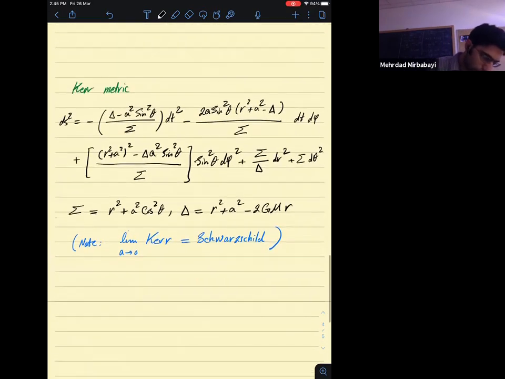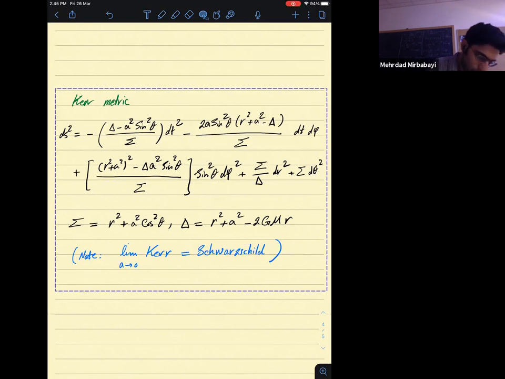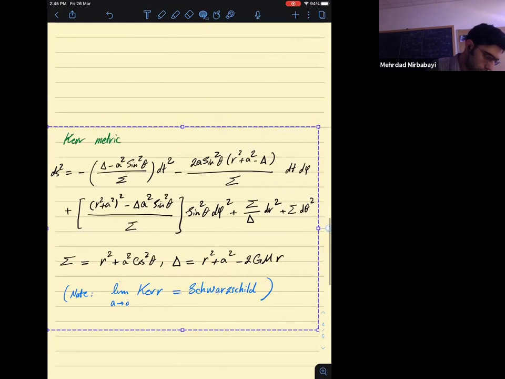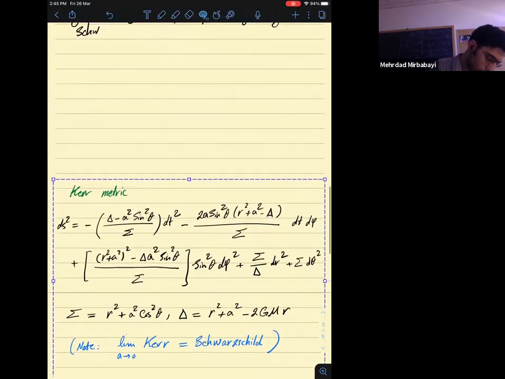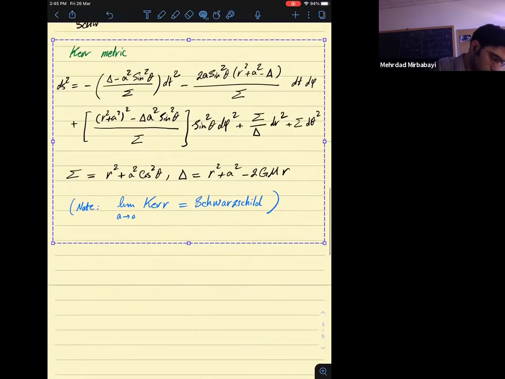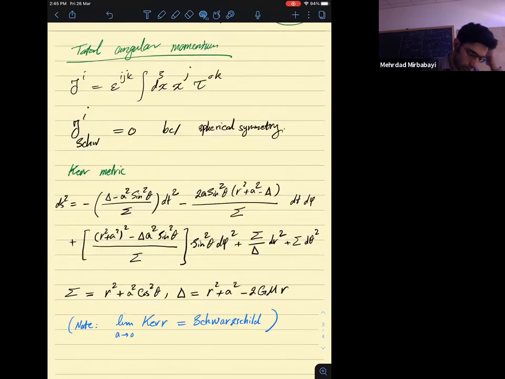So here is the Kerr metric, which is a bit scary, so I have written it before, because it takes a lot of time to write it. It is much more complicated than the Schwarzschild metric.